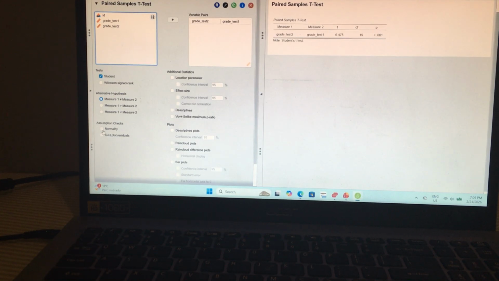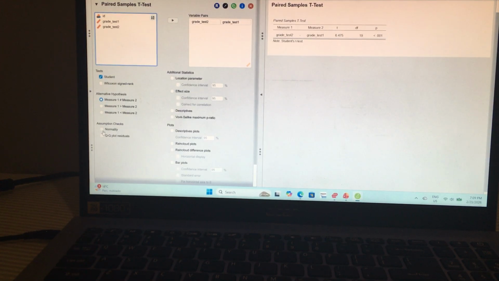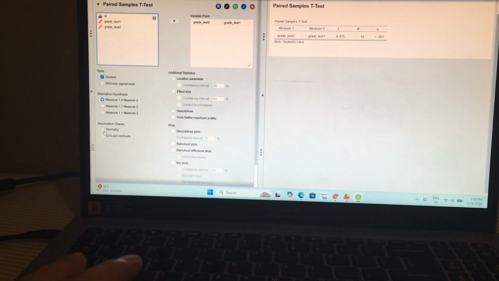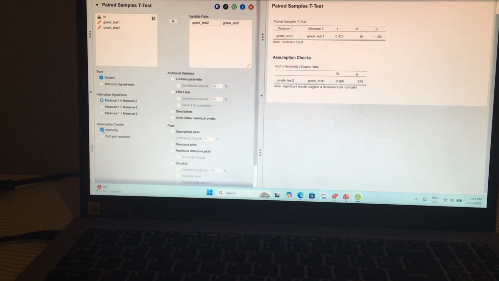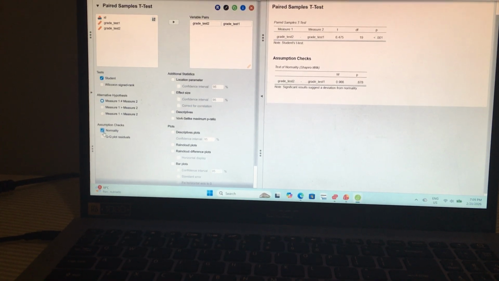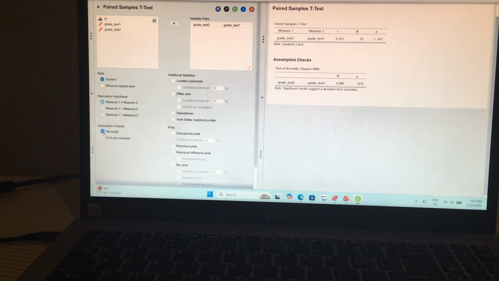For this example where we had the really tough professor, Dr. Chico, we were taking a look at the comparison of how students did on test 1 versus test 2. If we look under the assumption check heading, we can then see normality, and we can click normality and see what types of data we get for the Shapiro-Wilk test.